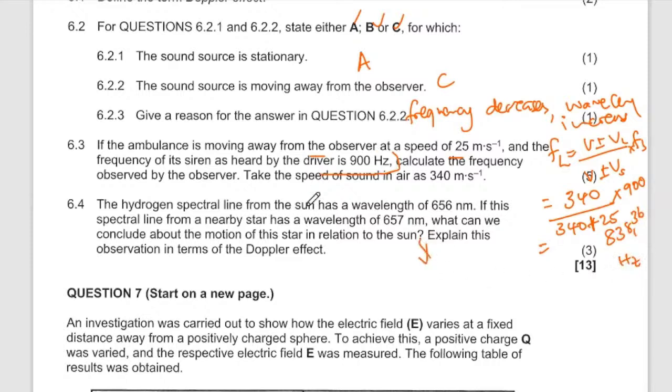Okay, then the hydrogen spectrum line from the sun has a wavelength of this. The spectrum line of the nearby star has a wavelength of 657. What can we be confident about the star's motion relative to the sun?